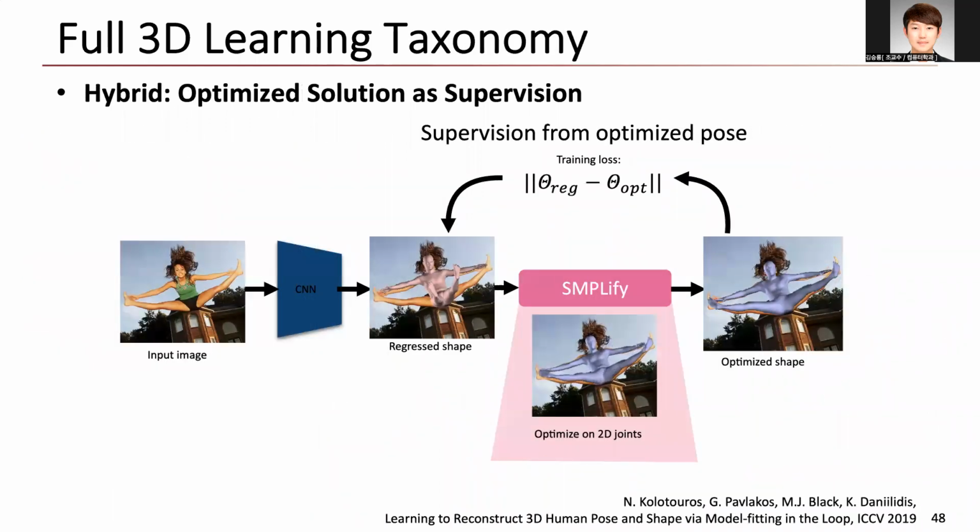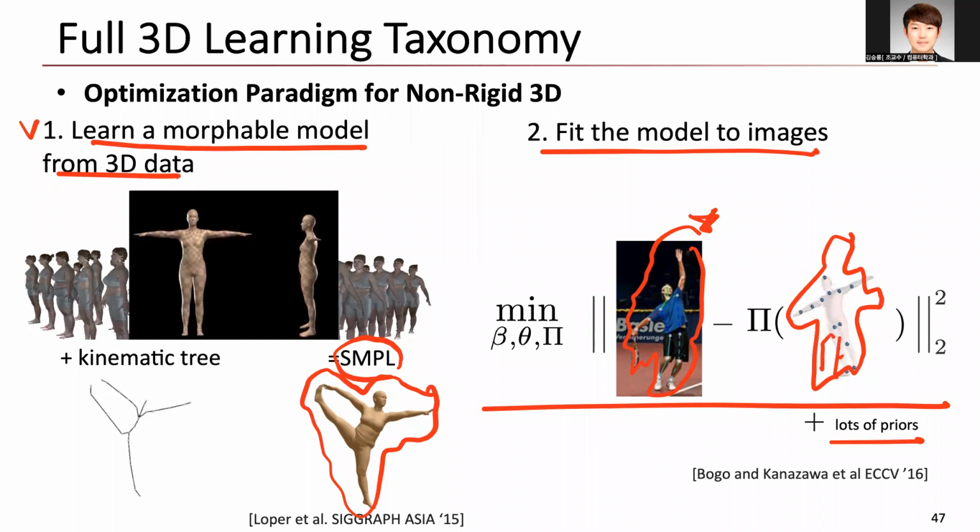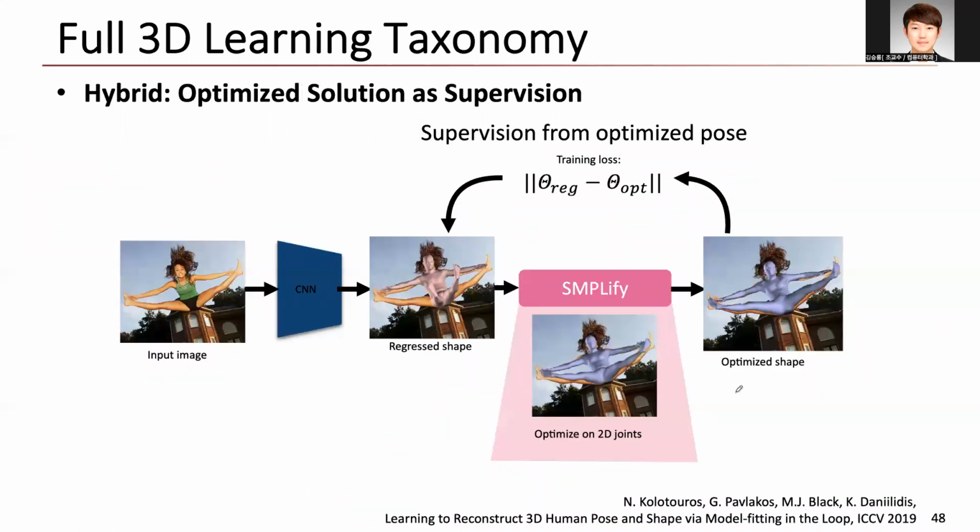Nowadays, the hybrid method is a popularly used optimization solution as a supervision. In this paradigm, we use a CNN network, which takes an input image and outputs the parametric 3D model.